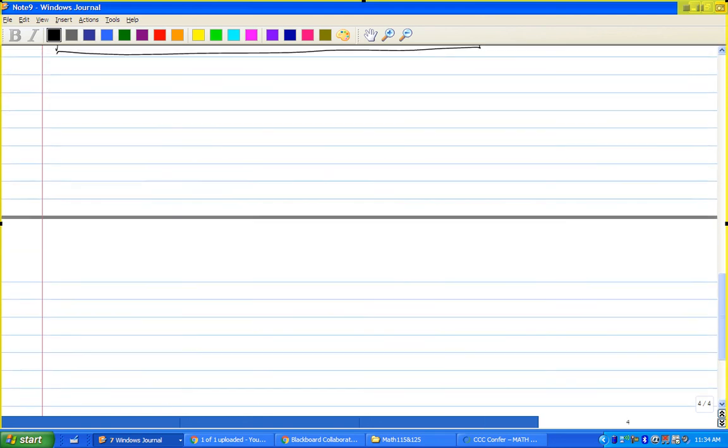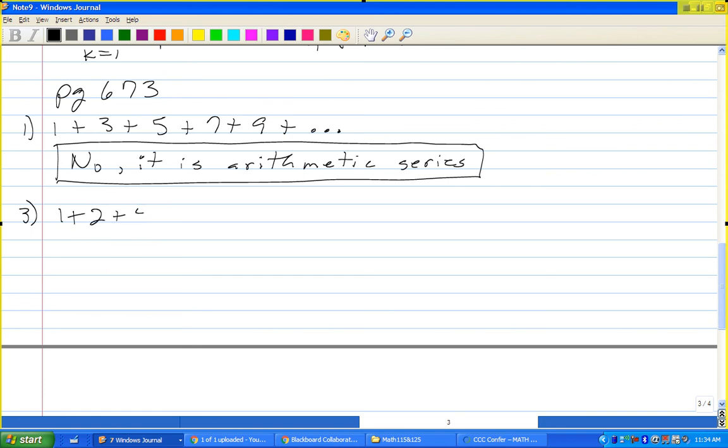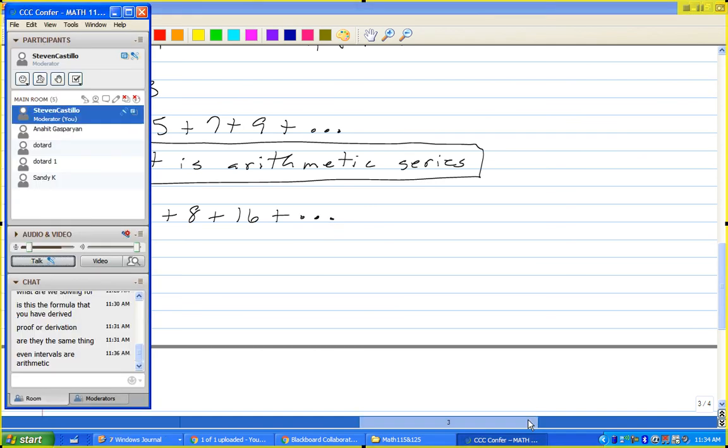Let me do problem number 3. 1, 2, 4, 8, 16. Let's see if this is geometric.